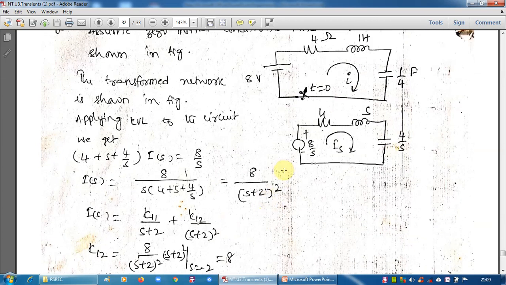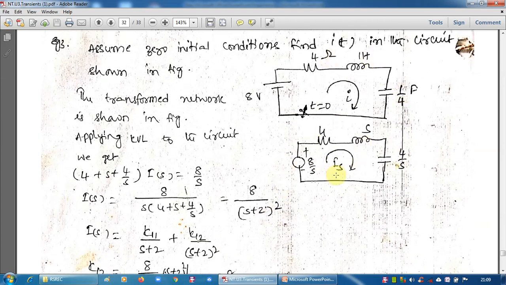With that in mind, we can now draw the transformed network. This is also a series circuit, therefore all impedances: resistor 4, 4 only; inductor Ls only, L is 1, so 1s. No initial current means no voltage, only Ls.